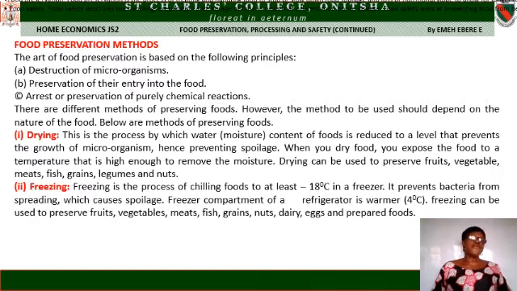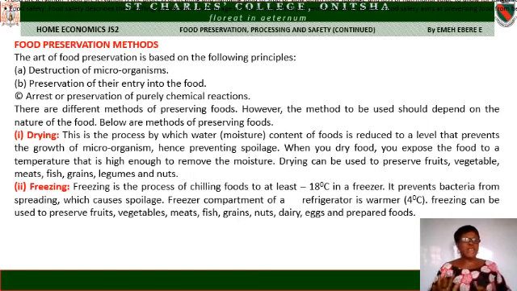Now let us look at food preservation methods. The art of food preservation is based on the following principles. They are A. Destruction of microorganisms. This means that some of the methods are used to destroy the microorganisms in the food.